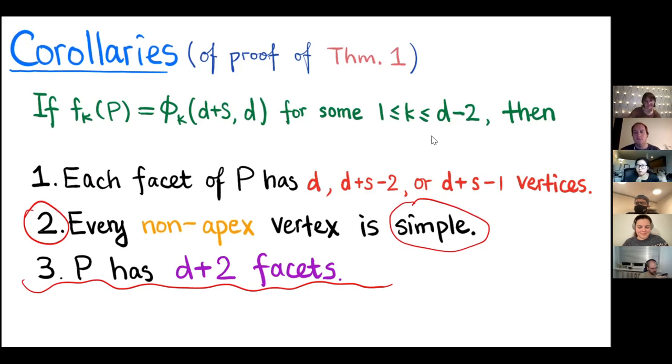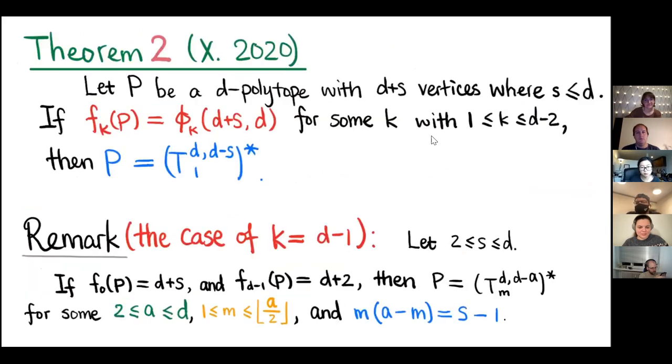We decone whenever we see a cone and end up with a simple polytope, and then we flip it. So we end up with a simplicial polytope with exactly D plus 2 vertices. And that will help us prove that the minimizer we just found is actually the unique minimizer.